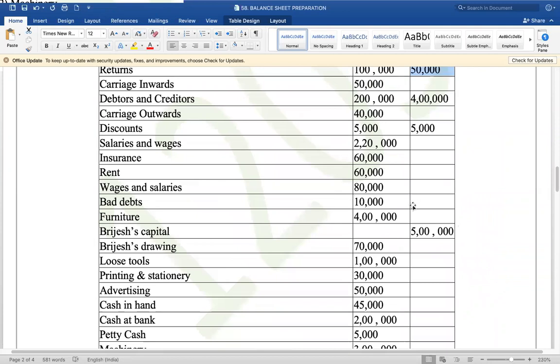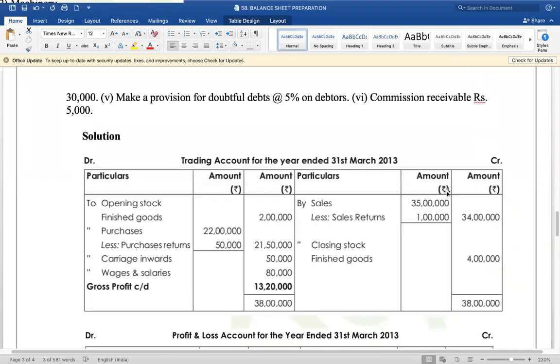So 35 lakhs is the sales amount, less sales return of 1 lakh, and 34 lakhs is the net sales amount. Now when you're taking opening stock on the top, on the left side, closing stock goes on the bottom, on the right side, closing stock of goods.